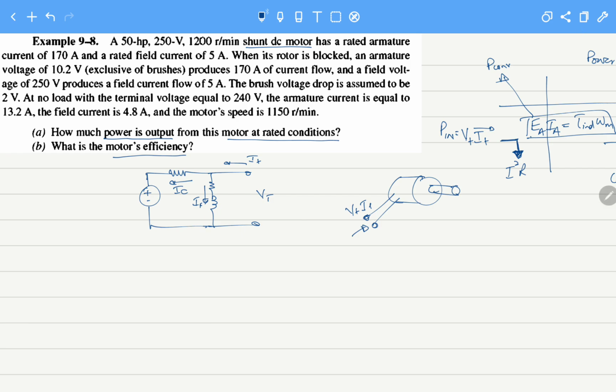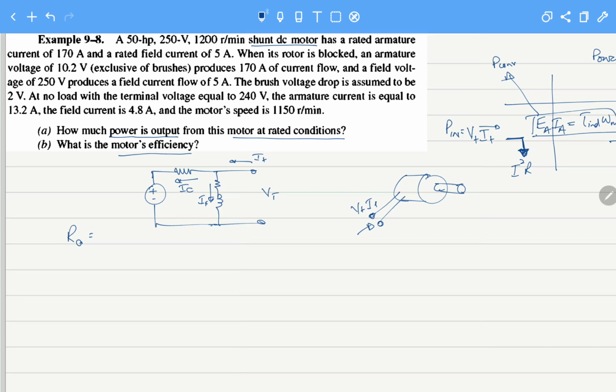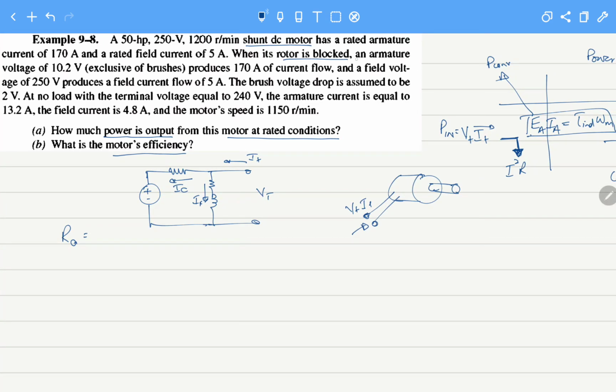So let's calculate the armature resistance RA of the machine. It says that when the rotor is blocked, an armature voltage of 10.2 volts produces 170 ampere of current flow, and a field voltage of 250 volts produces a field current of 5 amperes.